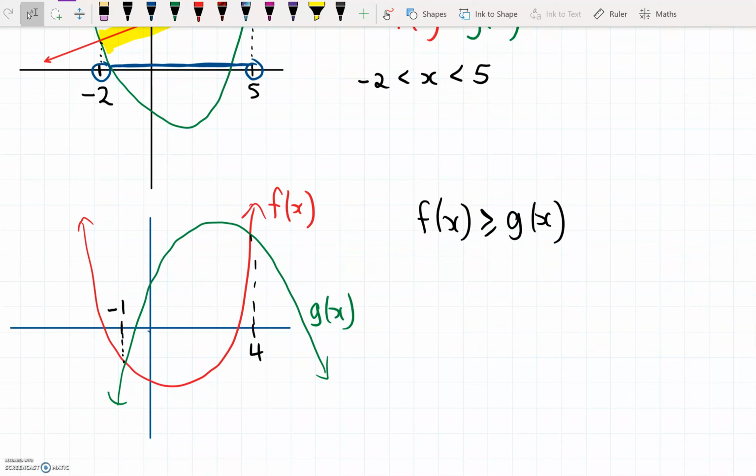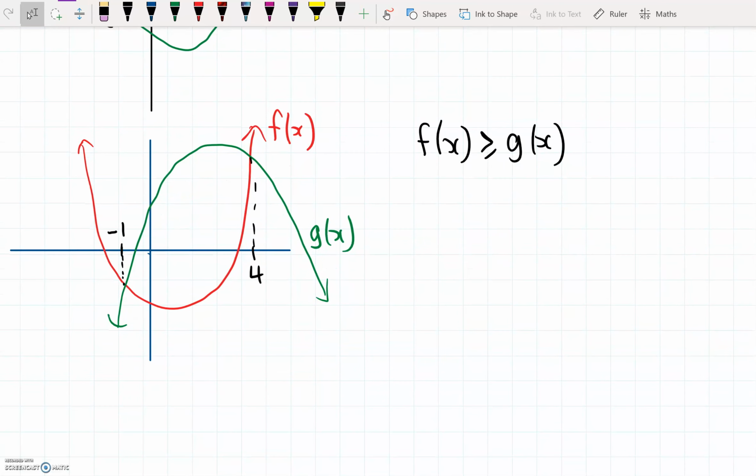So again, let's color code it first. f was red, so we want to know where the red line is greater than or equal to the green line. Again, we need to look at our graph. Is it inside, in between -1 and 4? Or is it outside, below -1 and above 4? Well, you can see in this case that it's below -1 and it's above 4.